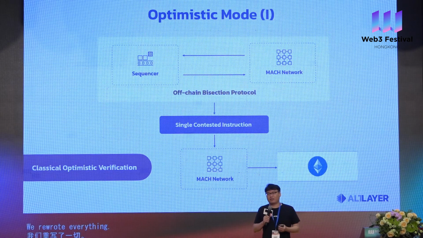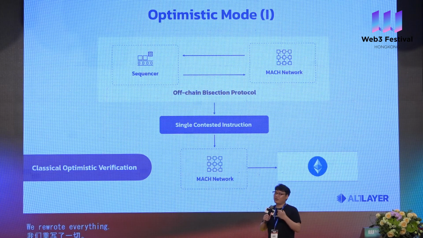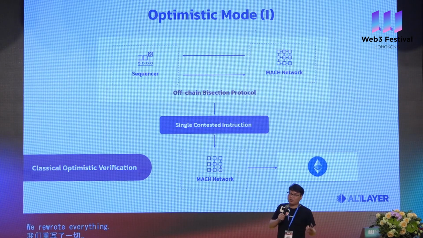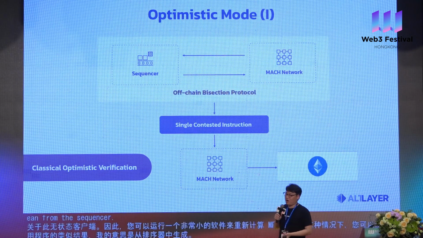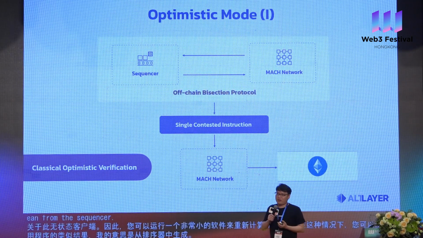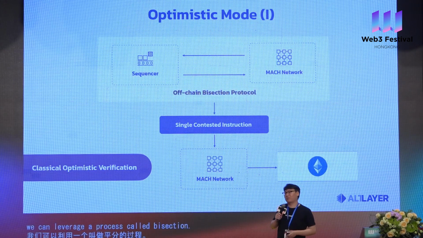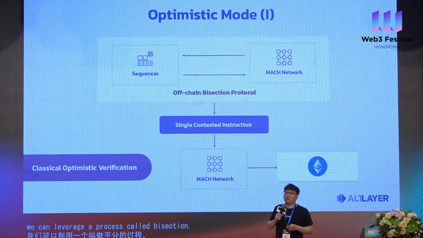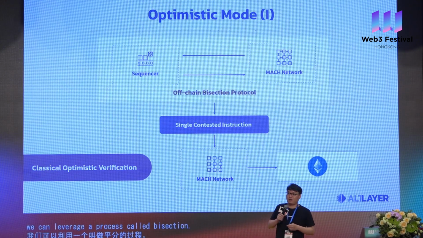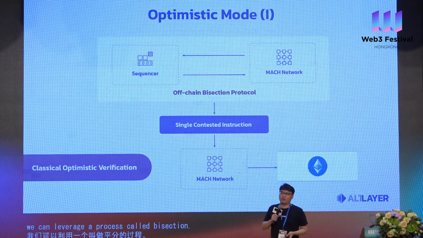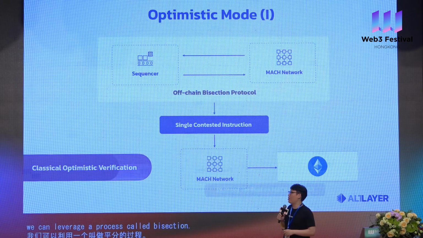In that case, you can quickly generate the results for all the rollups from the sequencer. After that, if there's something wrong, we can leverage a process called the bisection protocol from the fraud proof. So all the nodes don't need to generate proof for every block. They can generate proof and do the bisection challenge protocol once there's something wrong.